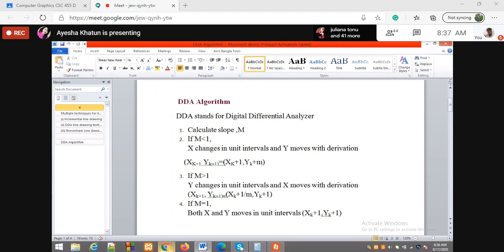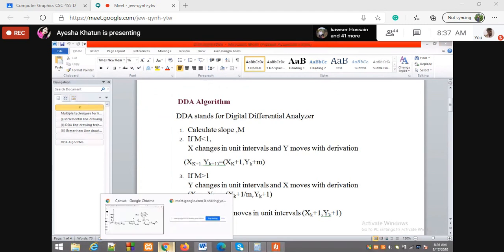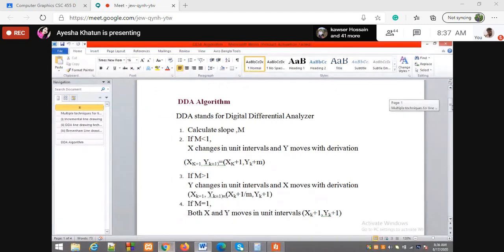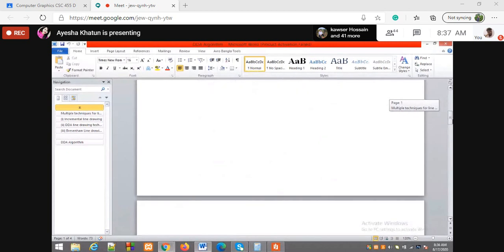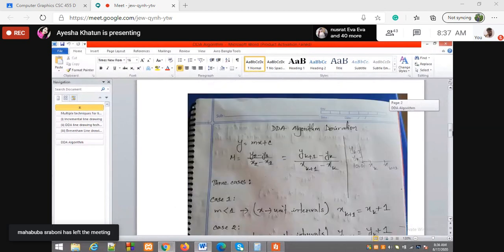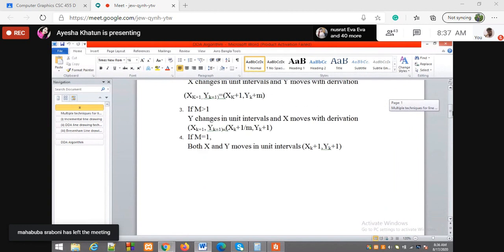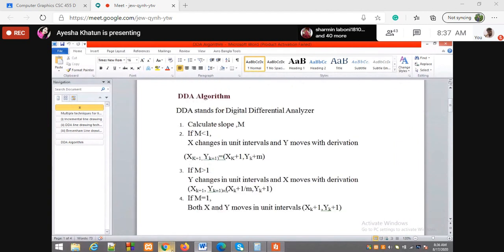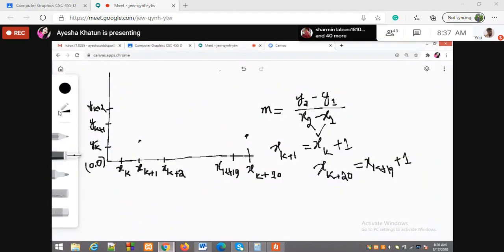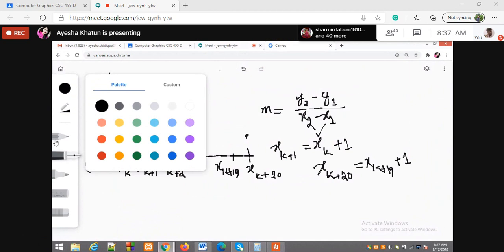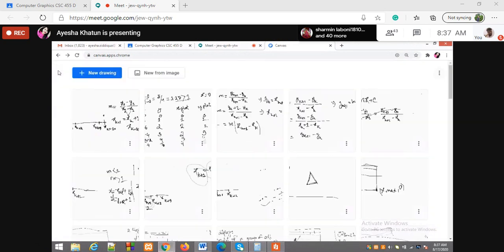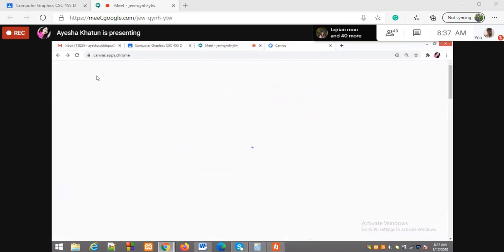Okay, so for this algorithm, the first thing is that you have to calculate the slope, right?